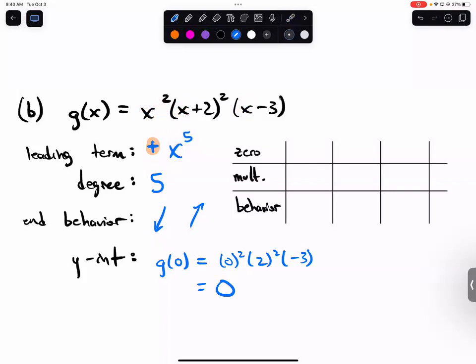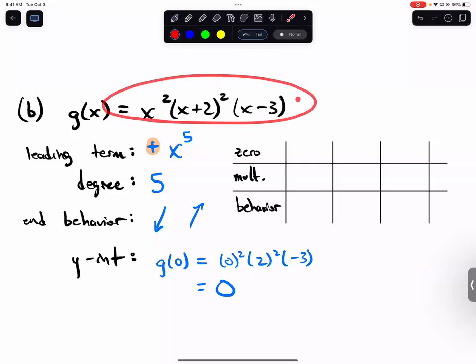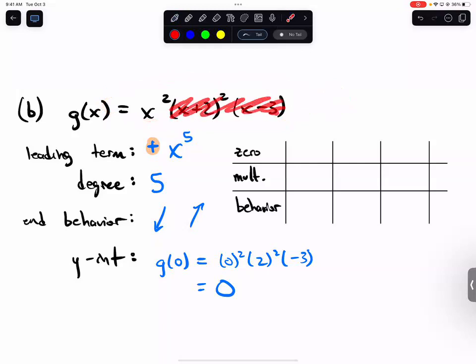Now, what are the zeros? The x-intercepts. If I take this whole thing, set it equal to 0, and then solve by splitting factors up, we get that x squared could be 0, which would mean that x is 0, with a multiplicity of 2 because that one shows up twice.